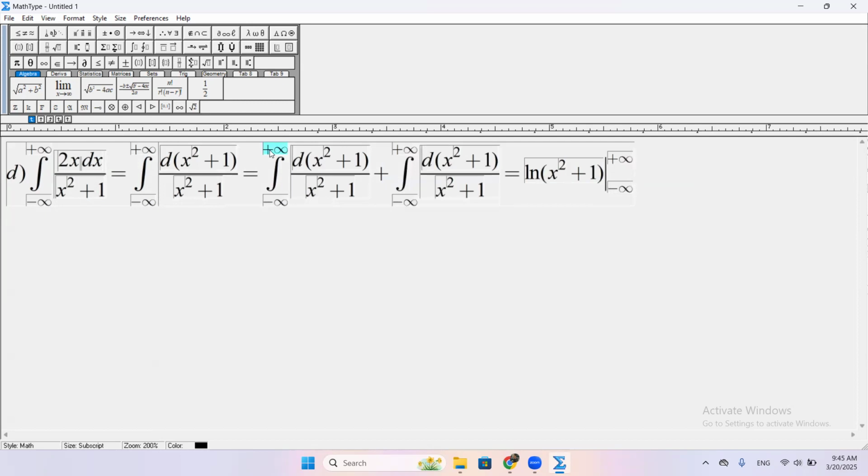So from minus infinity to 0 and from 0 to plus infinity. So like additivity property of the integral. And what do we have?